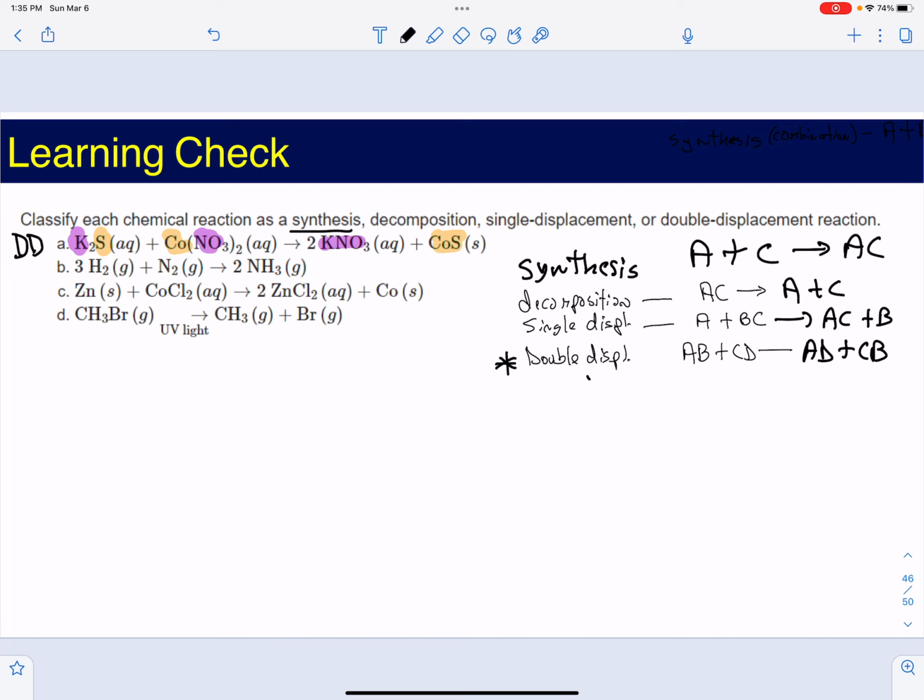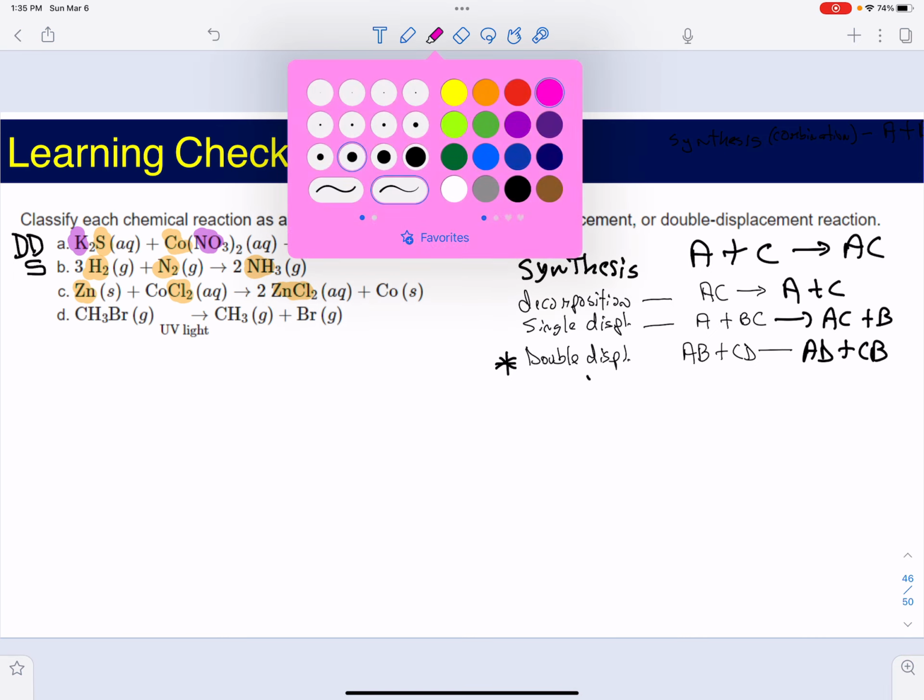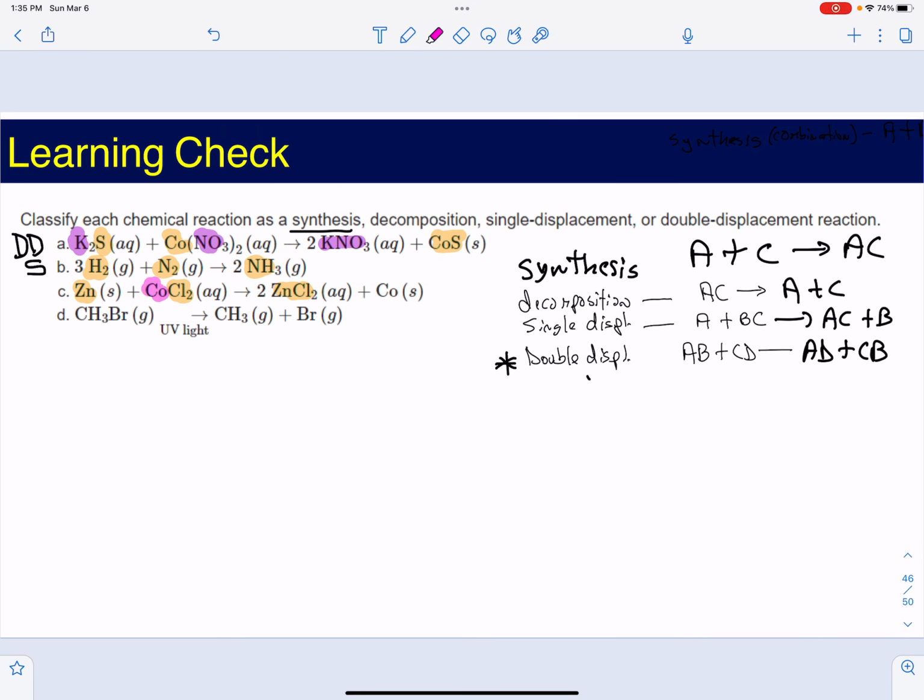The second one, we get A plus B producing C. So that's going to be synthesis. The third one, the zinc goes with the chloride, which means it effectively replaces the cobalt.